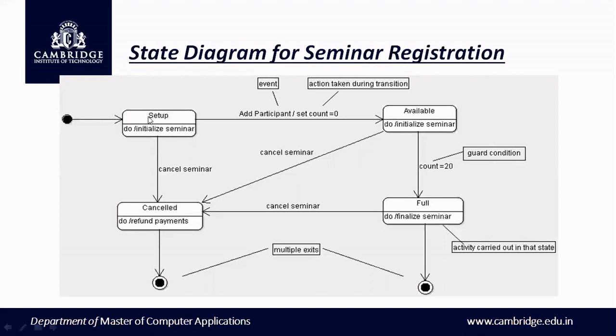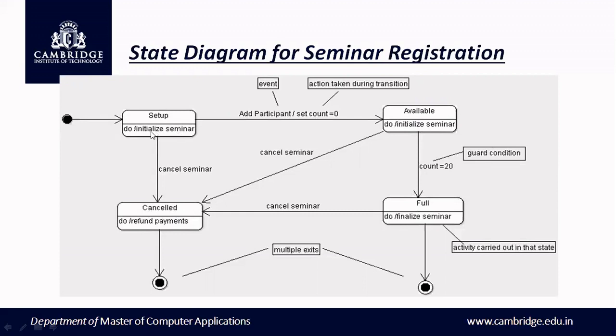One is the setup state, the second is the available state, the third is the full state, and the fourth is the cancelled state. The setup state is the first state. Here we give a transition from the initial state, which is the solid circle, to the first state, the setup state, where we are initializing the seminar.